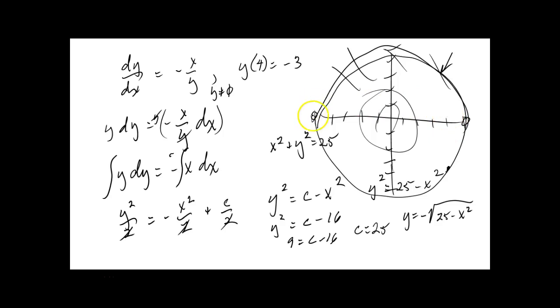So here is the curve that you have. They did it in the book as green, so I'll do it green. Here's your solution curve, something like that. The semicircle on the bottom side, because your point (4, -3) is on that curve. It's not on the top part of the curve.